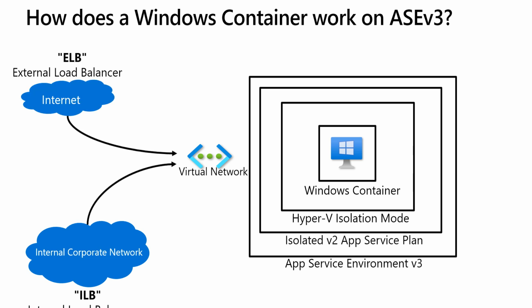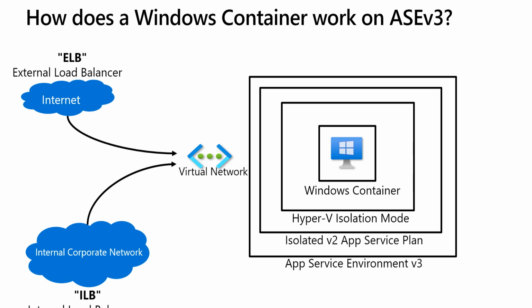The other variation of ACE v3 is called the external load balancer variant, sometimes referred to as the ELB variation. And this just means that all of the apps running in the ACE are running behind an internet-accessible public IP address. And so sometimes you can use that option because it's a little bit easier to get things set up and it's easier to reach the apps.